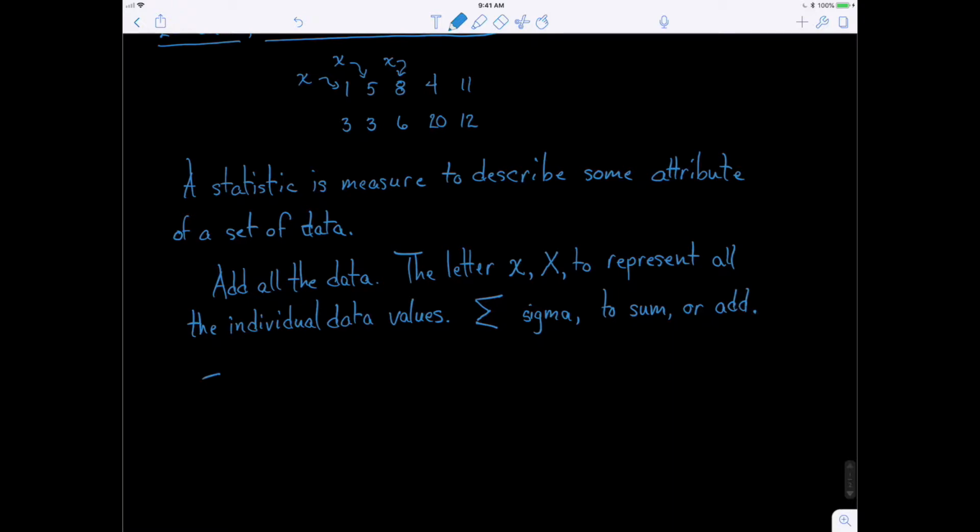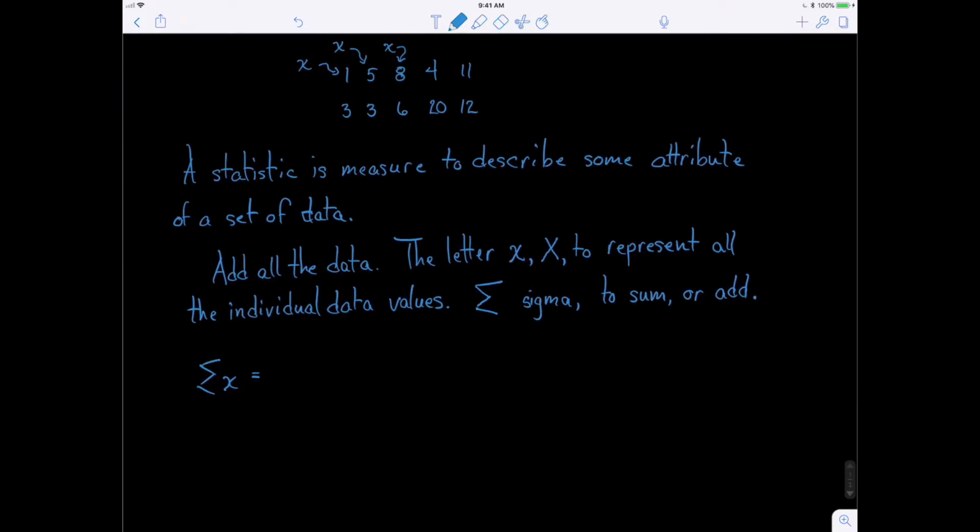When I write this, in math notation, we'd write, find the sum of all of the x's. What that means is we consider each individual value. So I take the 1 plus the 5 plus the 8 up above plus the 4 plus the 11 plus the 3 plus another 3 plus a 6 plus a 20 plus 12. If you add all those values, you find they sum to 73.